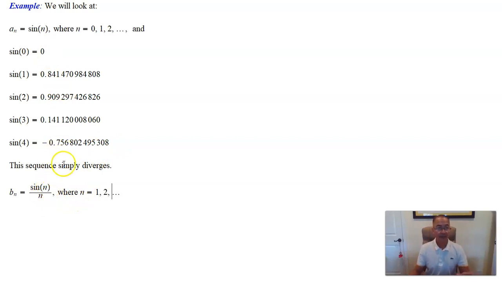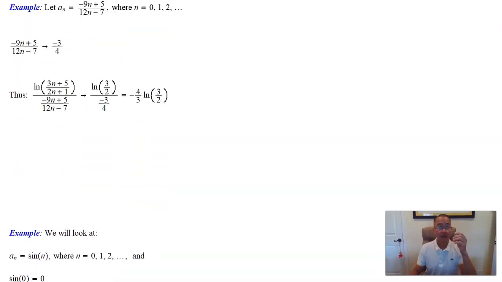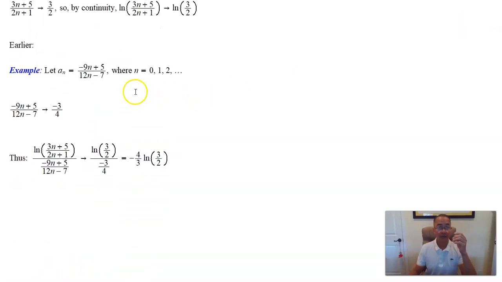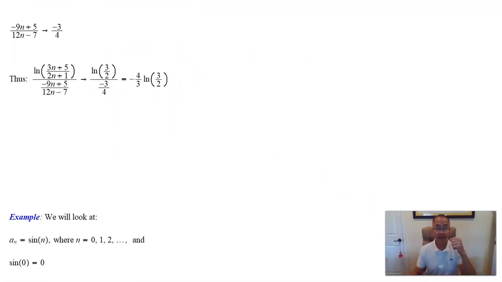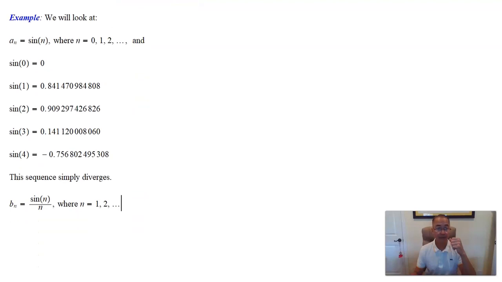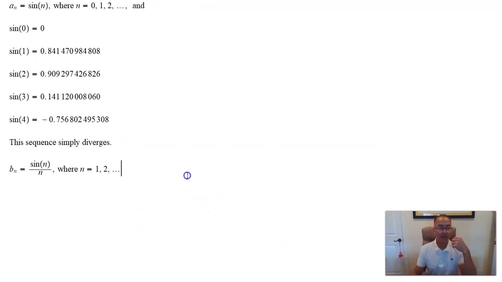We already know that sine n diverges, so we cannot apply directly the limit laws like we did when we saw 2 convergent sequences in our last example, and all we had to do was divide the limits of those 2 sequences. Okay, so we need something a little bit deeper here, but it's actually something that we already saw.